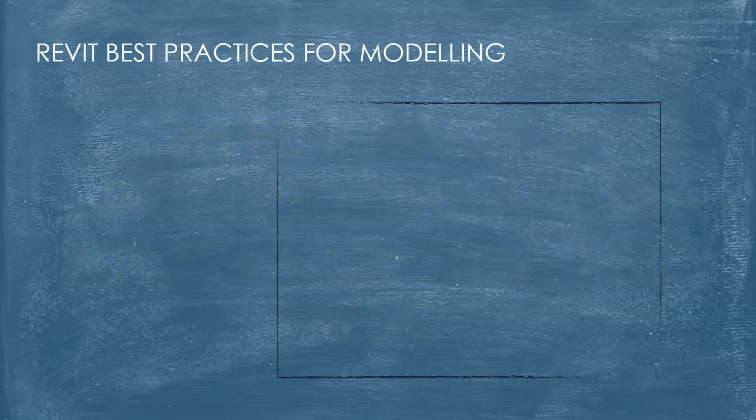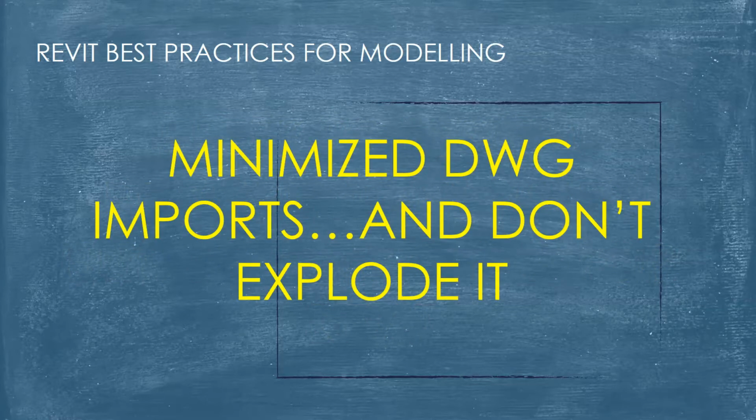What's next? The next one is using drawing files. Minimize drawing imports. Let's say for example you already use a drawing or AutoCAD file in Revit, don't explode it. Drawings are one of the main causes of increased file sizes and reduced model performance. So minimize drawing links and imports by using them only for reference, and then remove them once Revit elements have been generated.